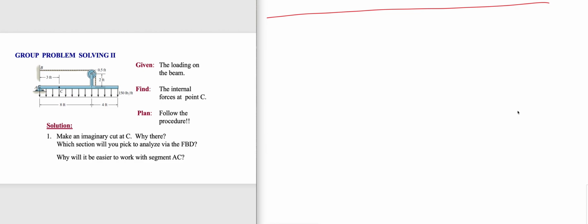How will you find that? Take free body diagram of the given system. Same drill. Take free body diagram of the given system. You have a pulley, you have a rope, and that is tension T, and T is not given.